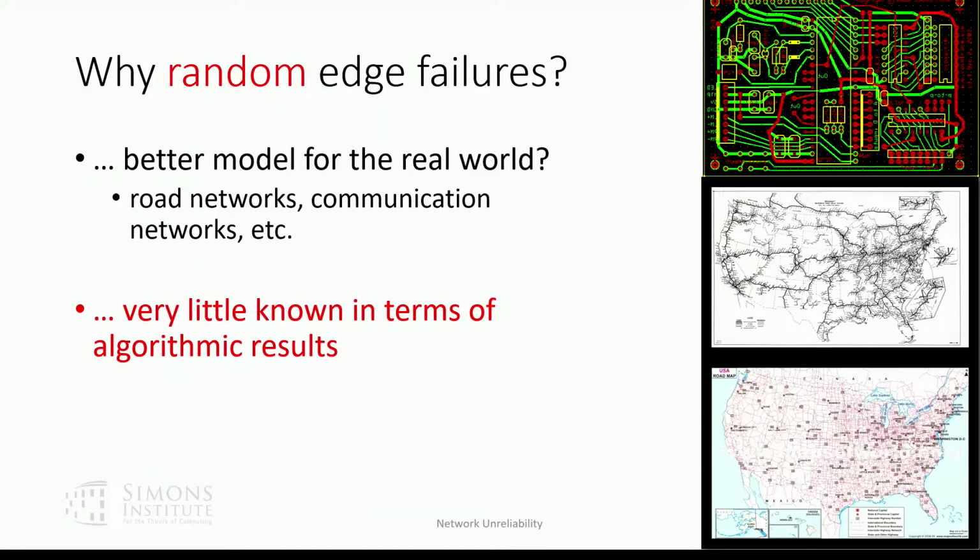We know very little about algorithmic results for what happens to a network under random failures. This is distinct from combinatorial extremal results. In an extremal sense, there's a lot of study of random graphs, so we know something about what happens in random graphs, but you'll soon see what I mean by the lack of algorithmic results. That's at least one motivation for why I want to study it.